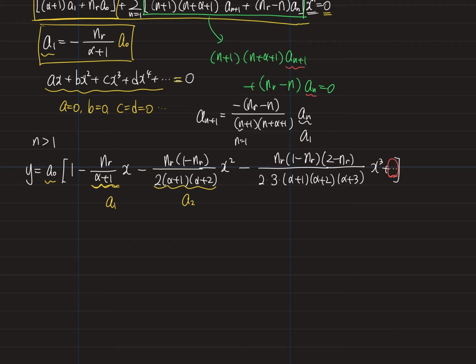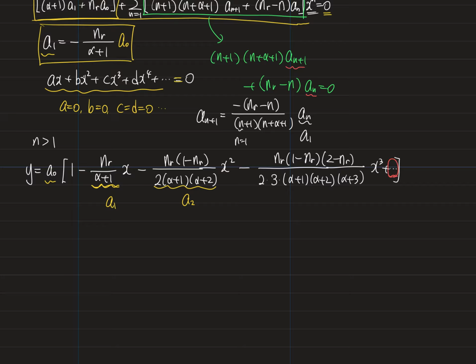This is infinite sum. So we always have to remember that we are not solving this problem for the interest of mathematics. Why do we solve this problem now? We are solving this problem to obtain the wave function for the hydrogen atom. Right.